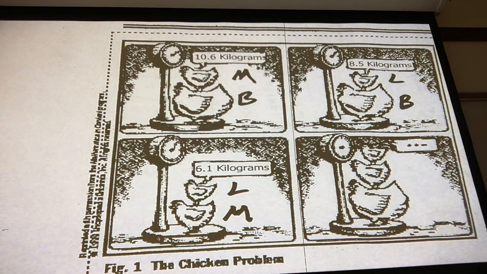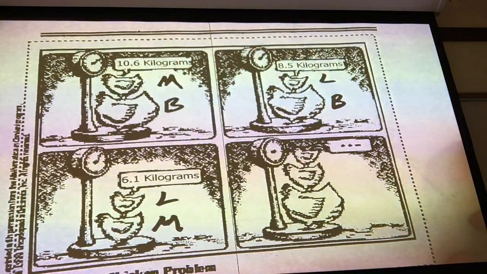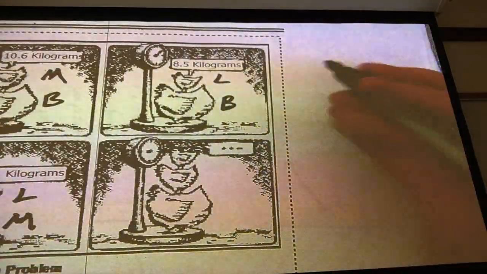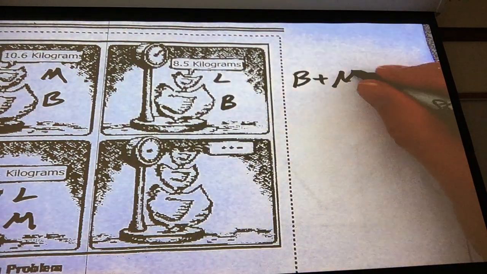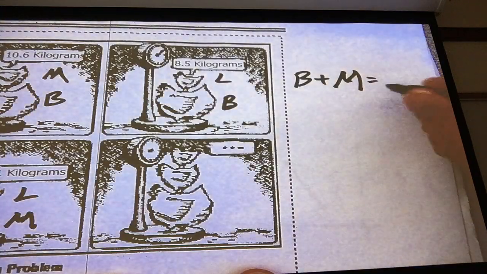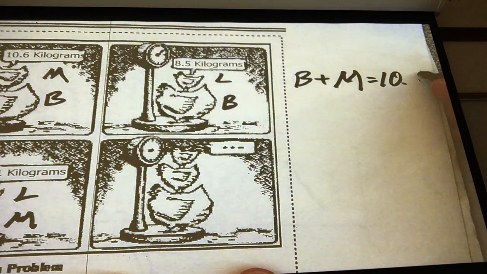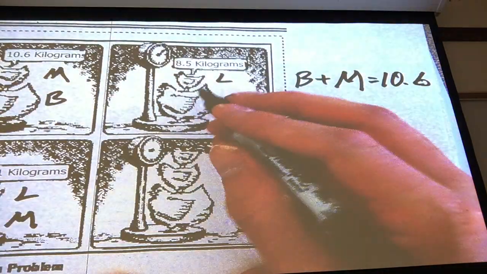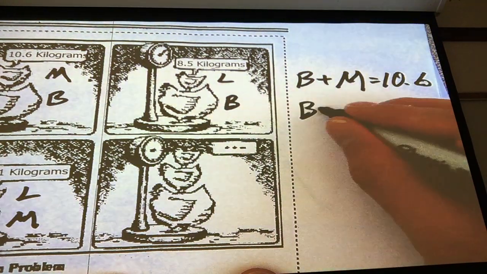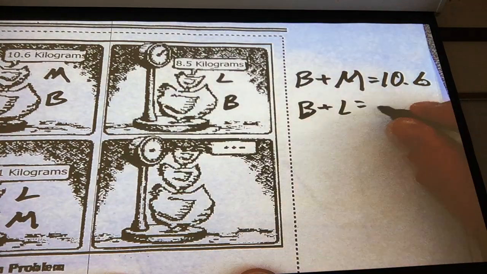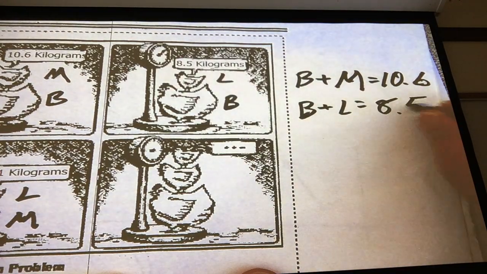Okay? So what is this first problem saying right here? The first problem is saying that big plus medium equals 10.6. This one's saying big plus little equals 8.5.